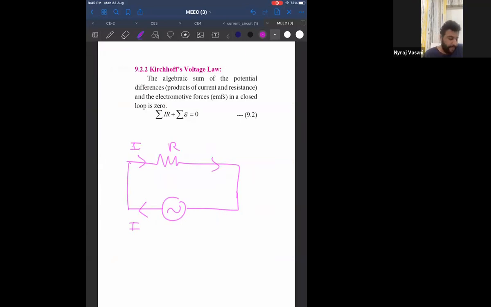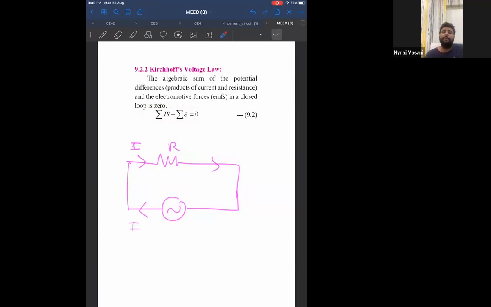One voltage is my EMF itself, the power source. Another voltage in this circuit is I into R, even that is voltage. Therefore, summation E, all the power sources, plus summation IR will be 0. This is nothing but total voltage is 0. In very simple words, Kirchhoff's current law says the sum of total current is 0, and Kirchhoff's voltage law says the sum of total voltages is 0. But how many voltages are there in a circuit?